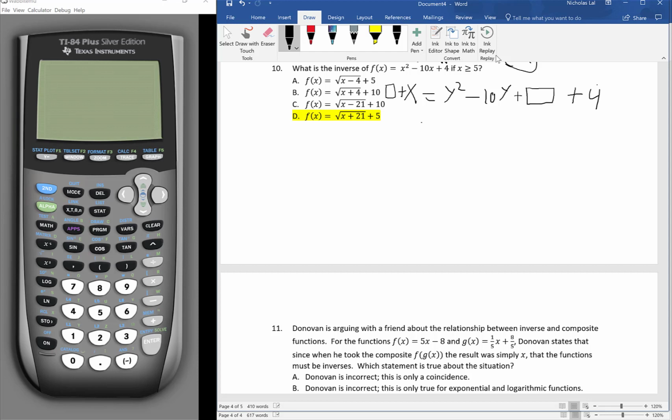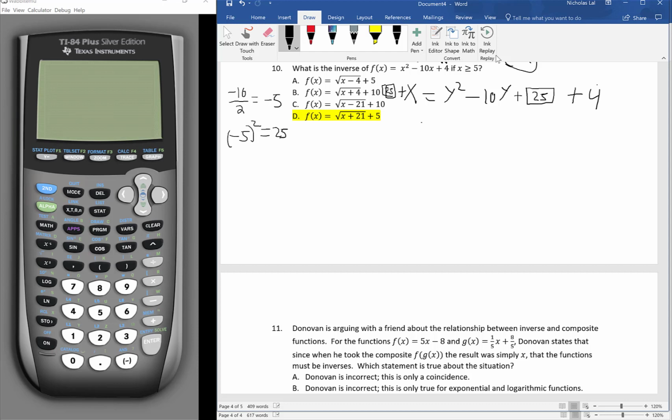So in order to complete the square, we have a negative 10. We have to take negative 10 divided by 2. That's equal to negative 5. And then negative 5 squared is equal to 25. So that's 25 in each box.